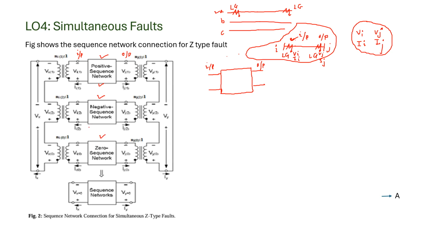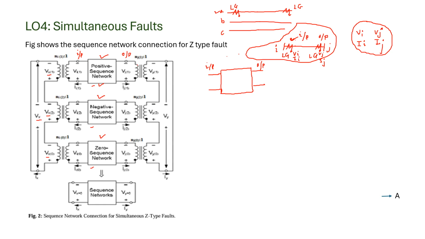Okay, so you have to understand this aspect. Now they are all connected in series: positive, negative, and zero sequence. You can see over here Vx1, Vx2, Vx0. These are the sequence voltages at the faulted point, and they are all connected in series to get the voltage Vx at the faulted point.